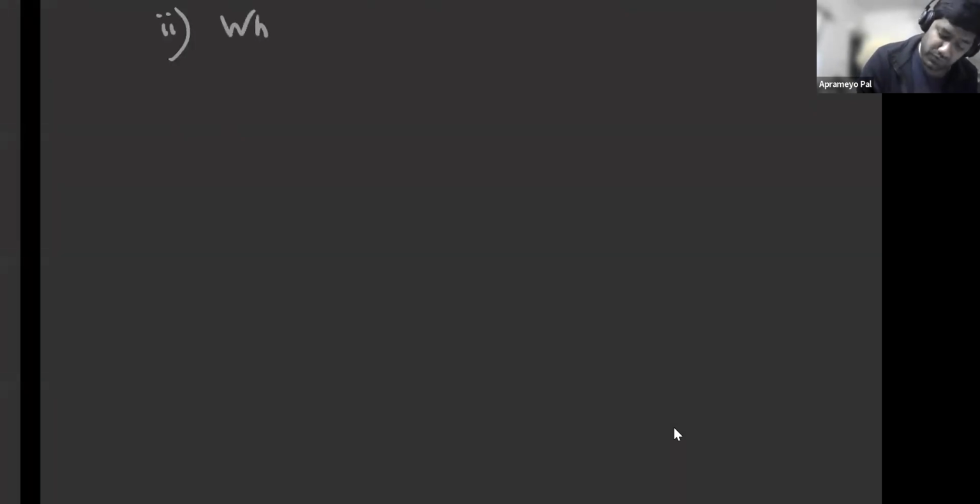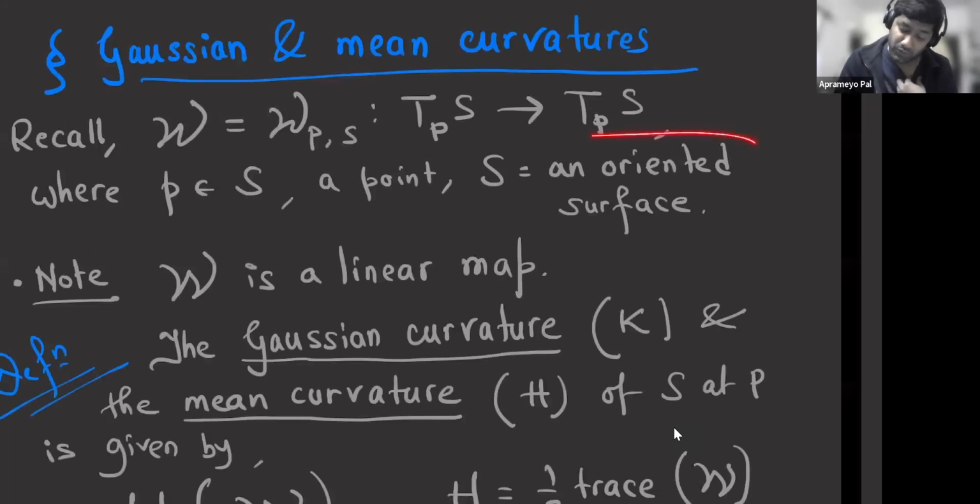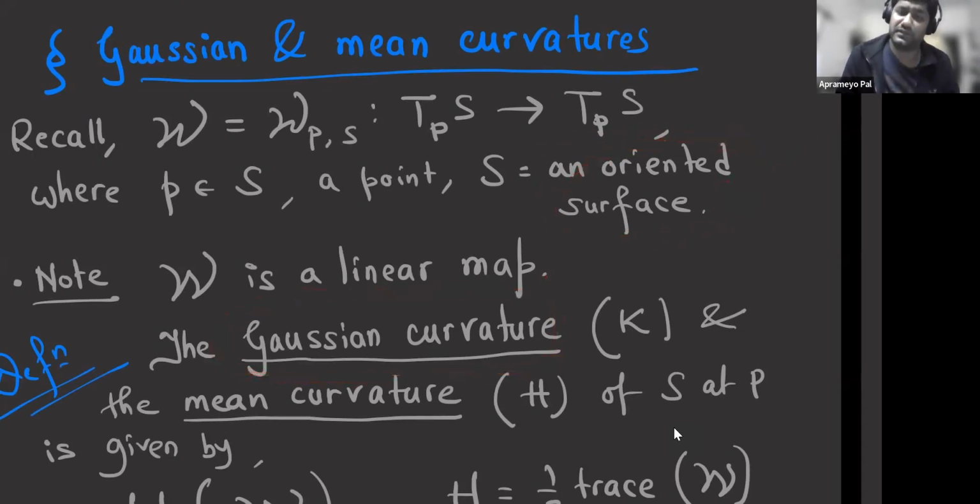Because if you remember, I have taken an oriented surface. So whenever you define something only for an oriented surface, the next natural thing is to consider what happens if you remove this assumption. So what I am asking is, if the surface is not oriented, if it changes the orientation, then what happens?